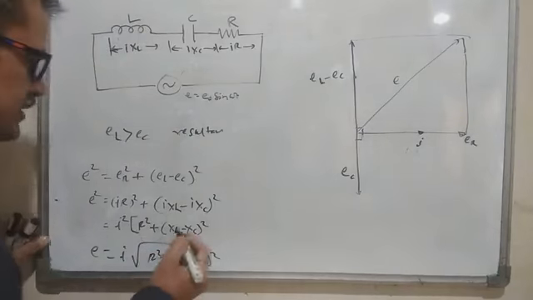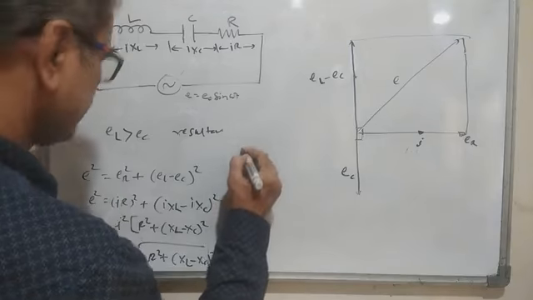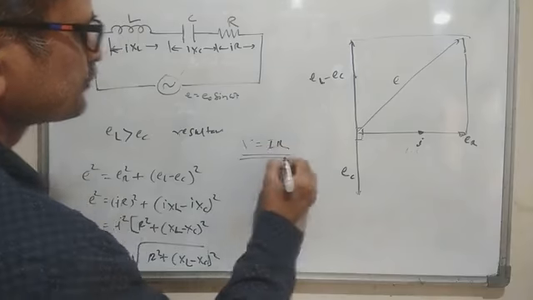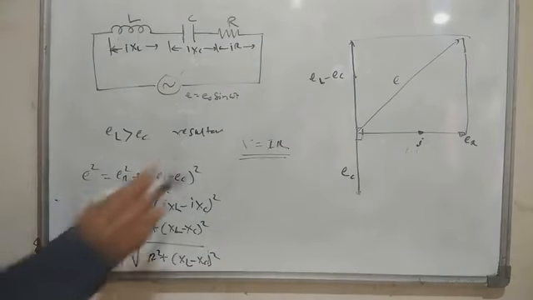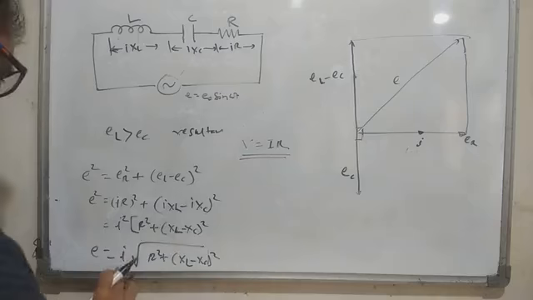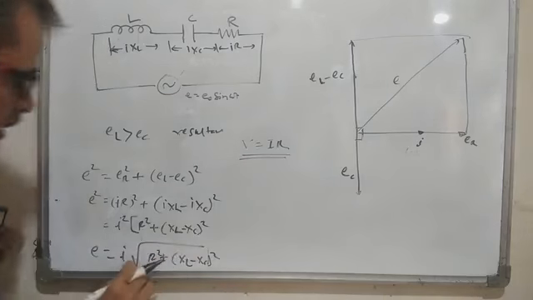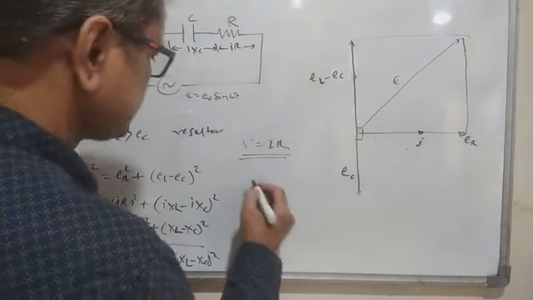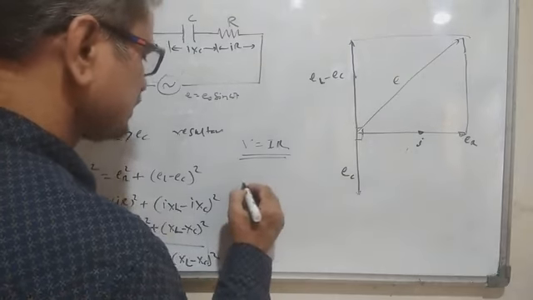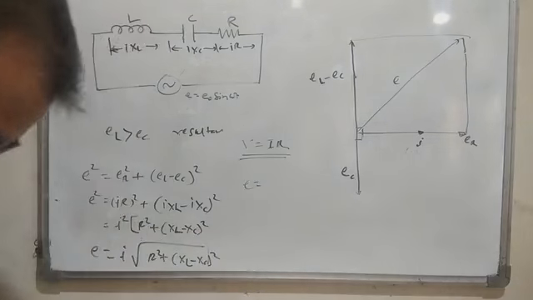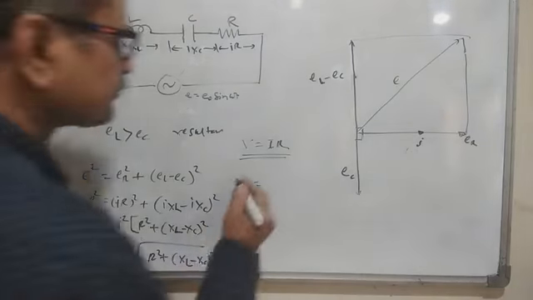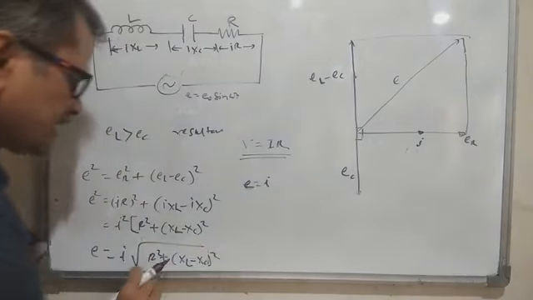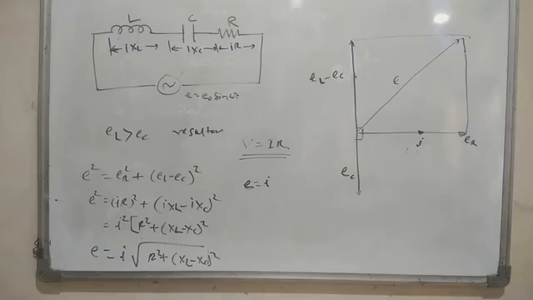You can compare this equation with V equal to I into R. Here V is replaced by E, and R is replaced by this term. So this root of R square plus XL minus XC square is called impedance.